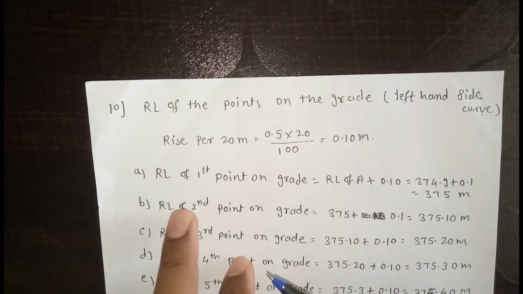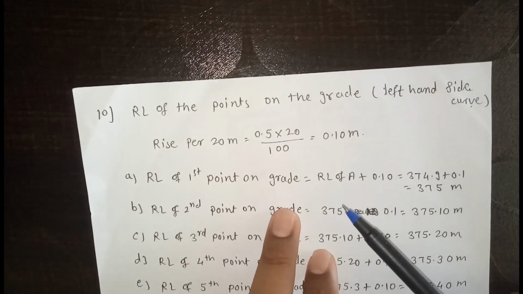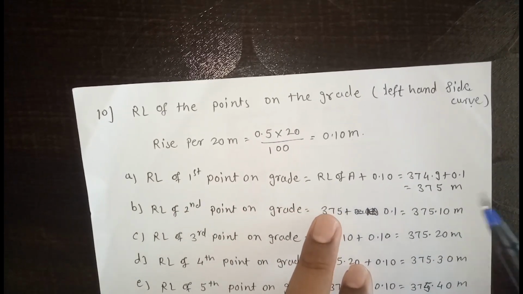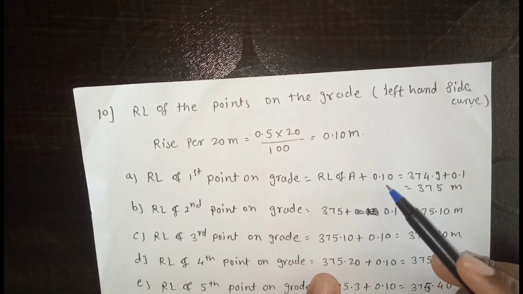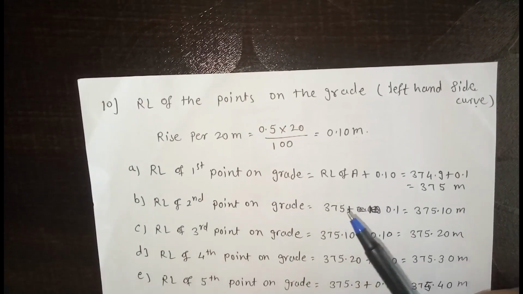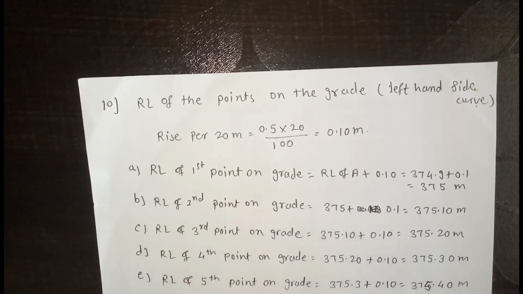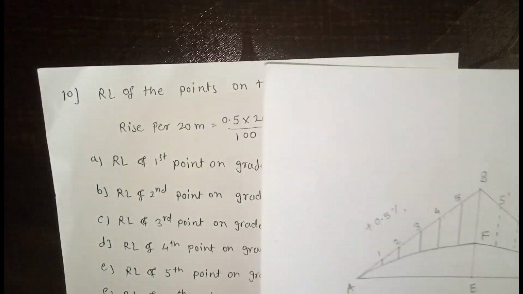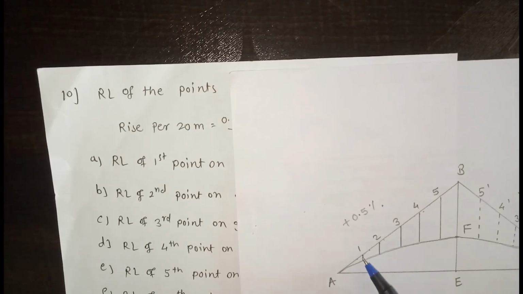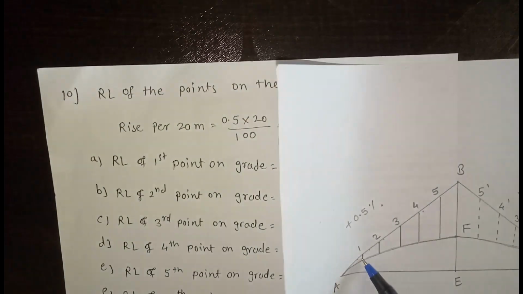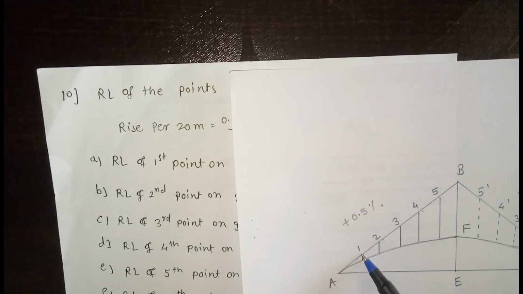So RL of the first point on the grade is RL of A plus this correction 0.10. The first point is this point, which we have to calculate.